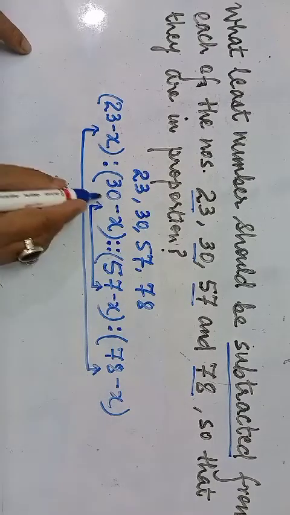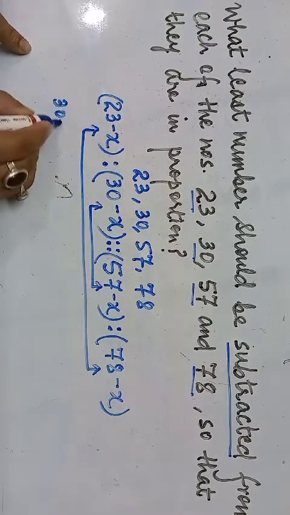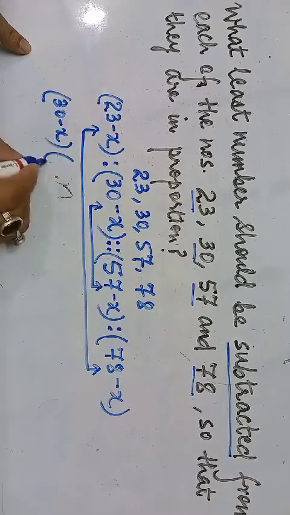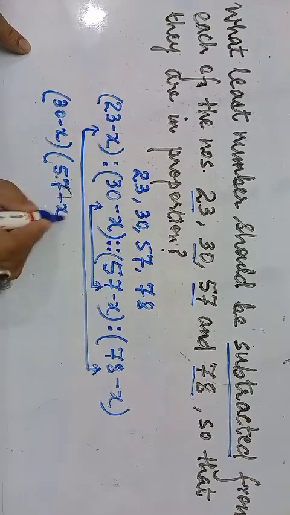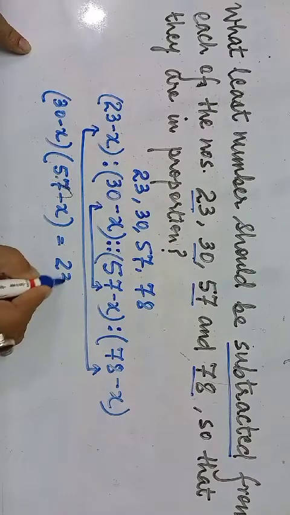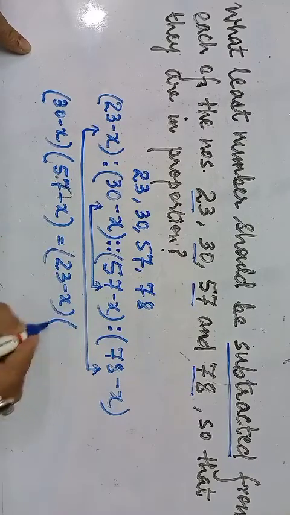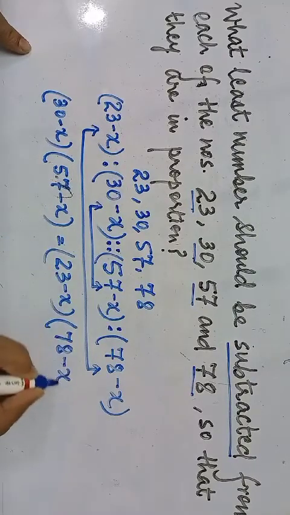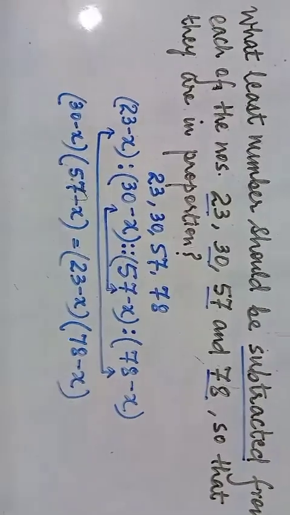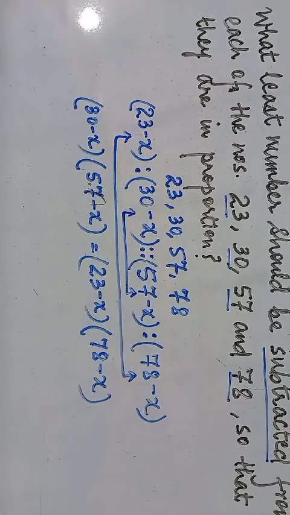So we have (30 minus x) multiplied by (57 minus x) should give me (23 minus x) multiplied by (78 minus x). Essentially, once you do this, the remaining portion is entirely calculation.